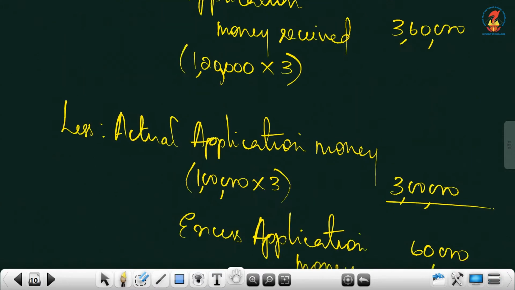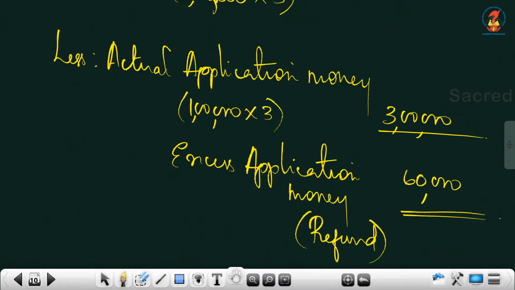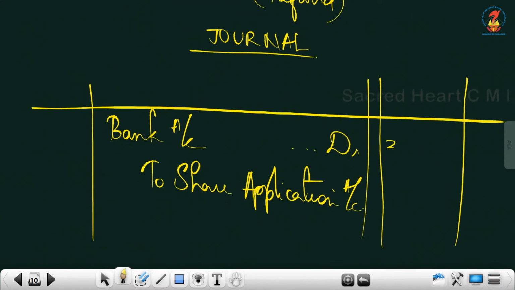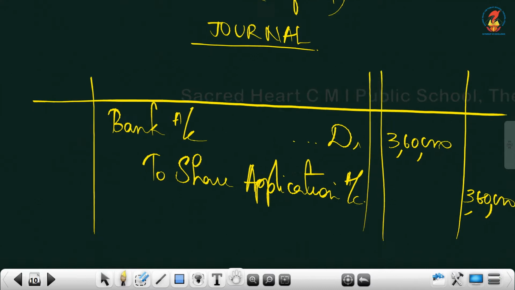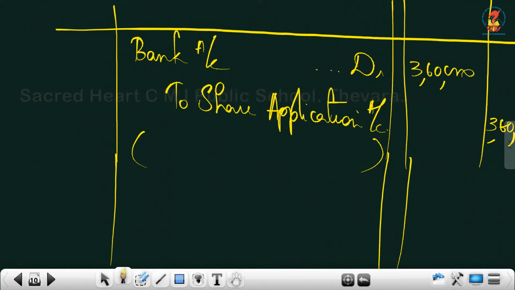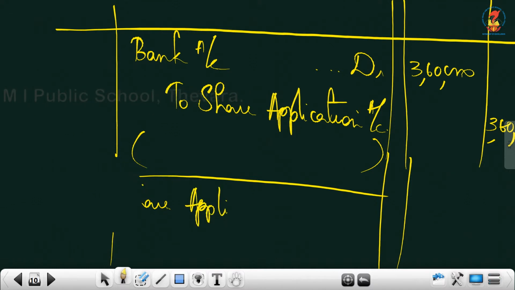Just see the working note that we did. For the first entry, you take the first amount, that is 3,60,000. So now it will be easier for you to write the amounts here, since we have written the working note already. What's the narration you are going to write? Application money received.